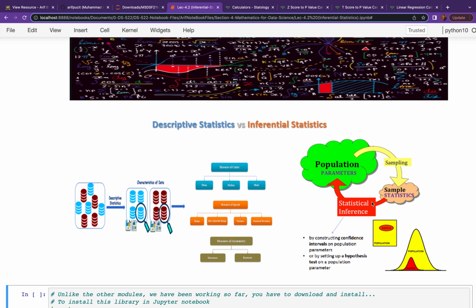In the previous session, we have seen that descriptive statistics is used to describe, summarize, and present different data sets through numerical calculations, tables, and graphs. We have practically seen how we can calculate the three measures of center, mean, median, and mode, the four measures of spread, range, IQR, variance, and standard deviation, and the two measures of asymmetry, skewness, and kurtosis.